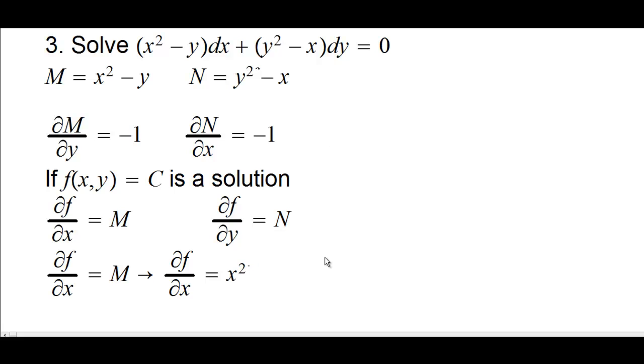Everybody fine? So if I want to obtain my f, then what I would do is I'll integrate with respect to x, right? Treating y as a what? Constant. Everybody in the room fine with that?